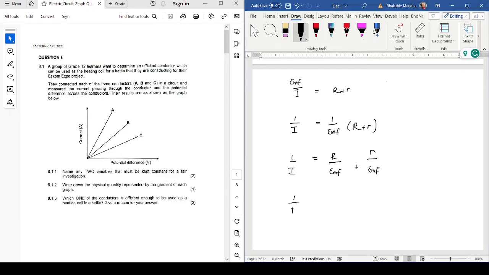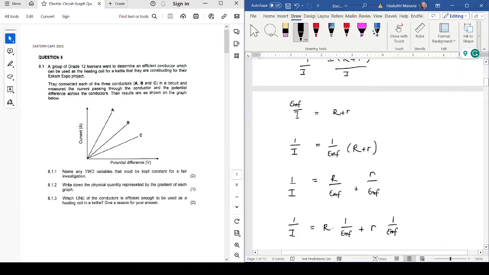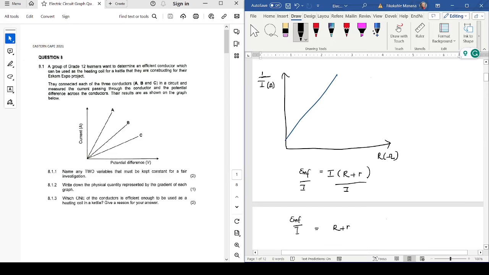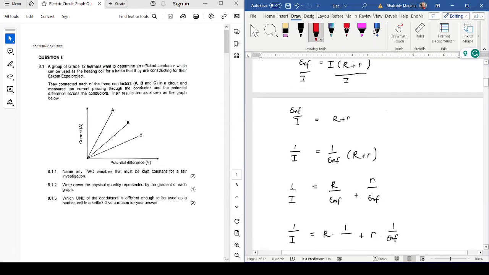Well, I don't know if I'm really going to simplify it, but it's 1 over EMF plus r times 1 over EMF. Anyway, if I'm going to write it in terms of y is equal to mx plus c, remember your x in this case would be your big R, and your y would be 1 over I.